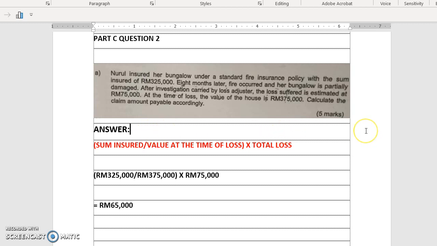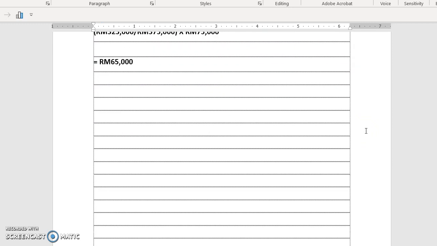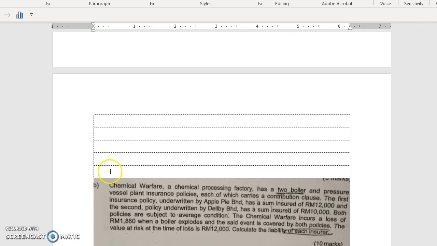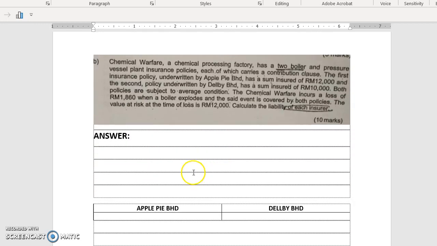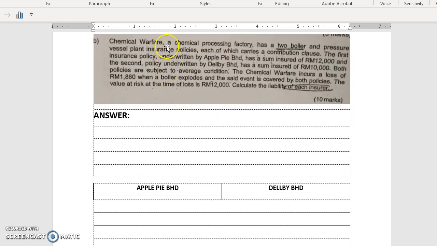Next, for question B, we will look at the question which is about the chemical factory. A chemical processing factory has 2 boiler and pressure vessel plant insurance policies.